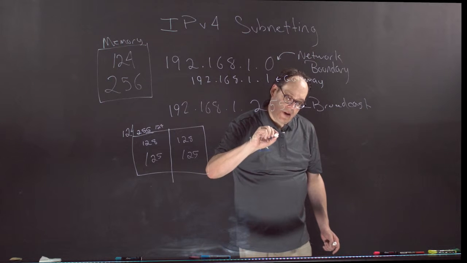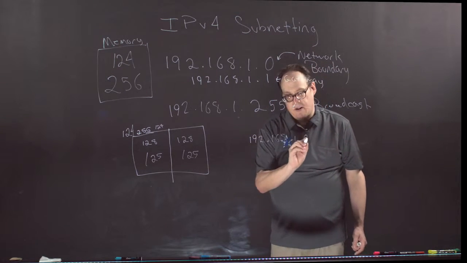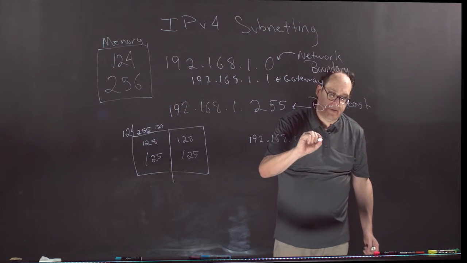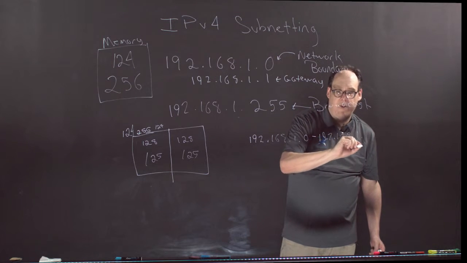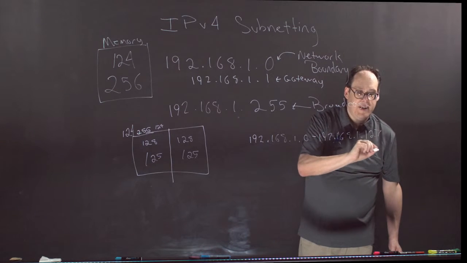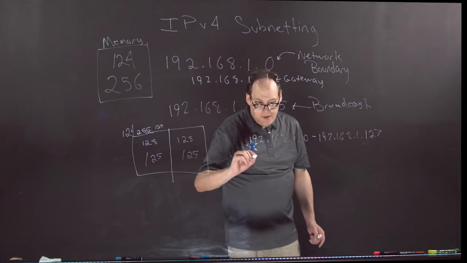Here's my first network boundary. I'm going to start on a 0. And I'm just going to show you the range. This is my network side of my address. This is my broadcast address because it's the last address in the range.